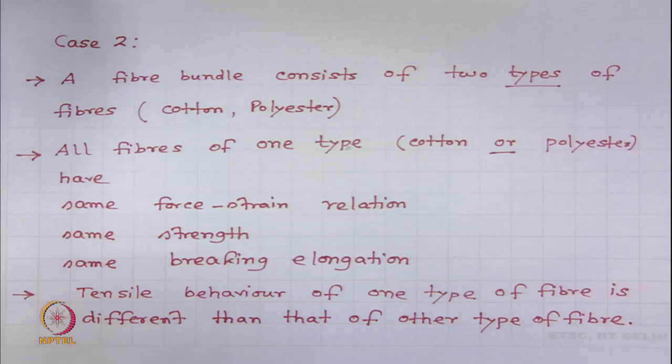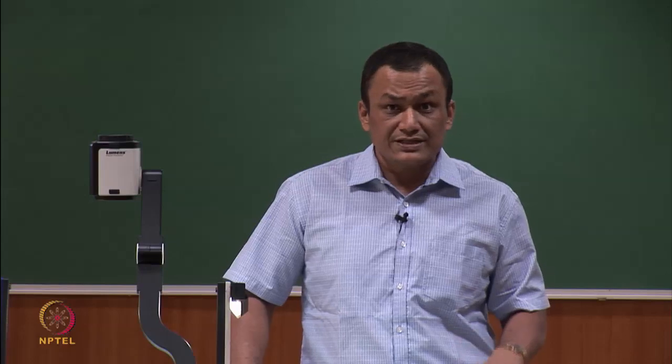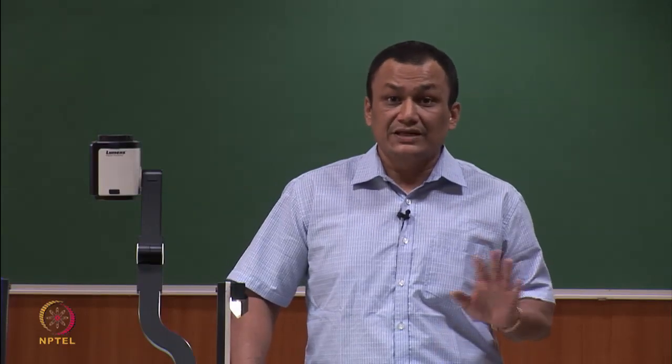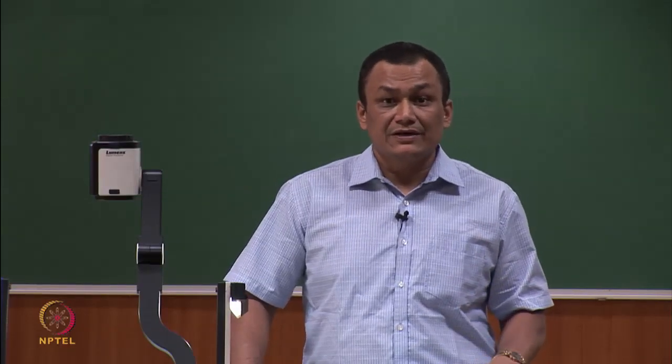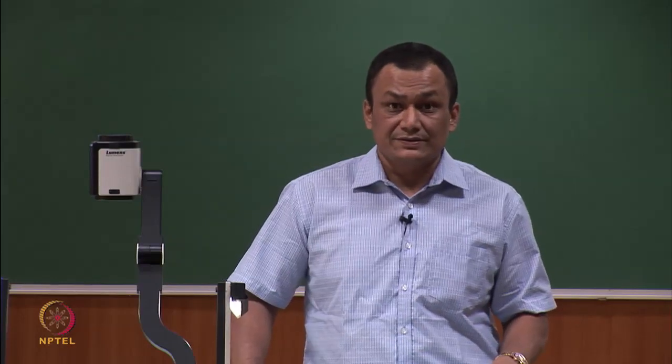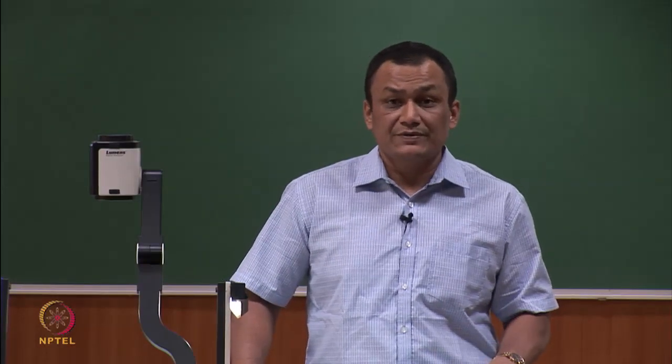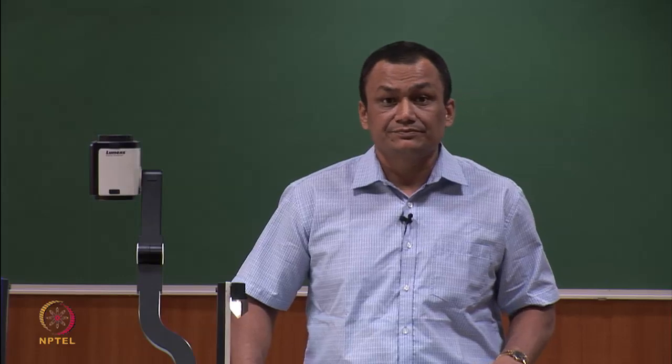So, it means tensile behavior of all cotton fibers, though they are same, is different than the tensile behaviors of all polyester fibers, though all polyester fibers exhibit same tensile behavior.